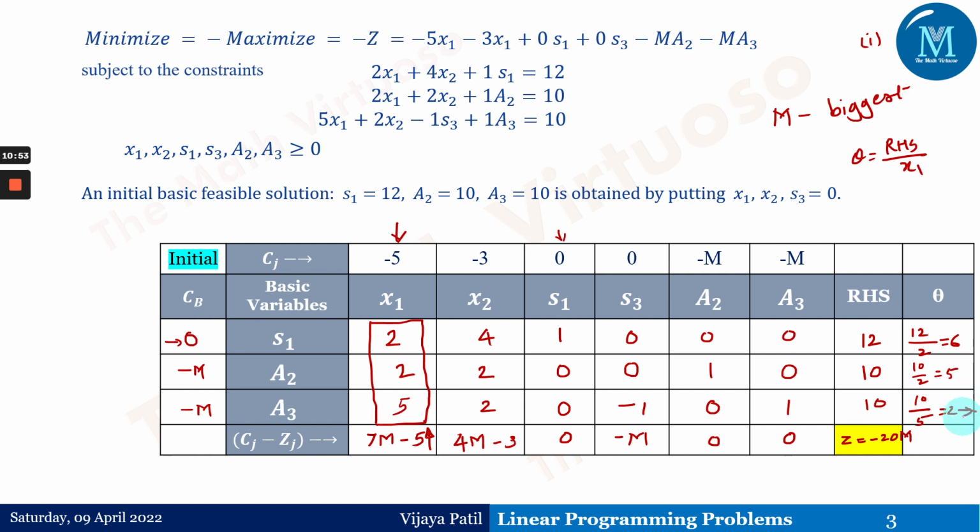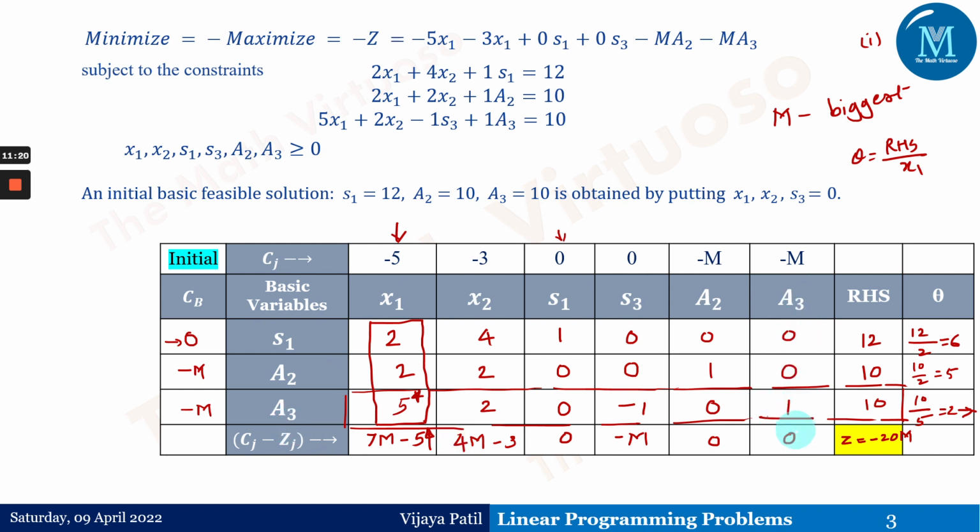You can easily check that 2 is the smallest number, and that is why the third row becomes the pivot row of this initial iteration. In this way we can understand that this is the pivot row, and 5 becomes the pivot element. That means in the next iteration, x1 will come in place of A3.